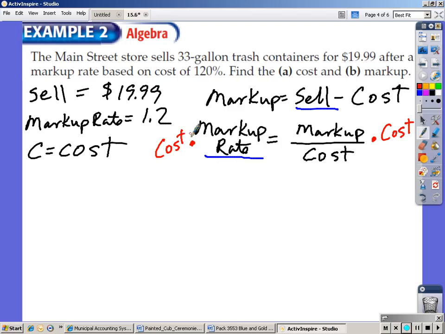It's going to cancel here. It's virtually the same formula, just in a different format. My new formula is markup rate times cost equals markup.